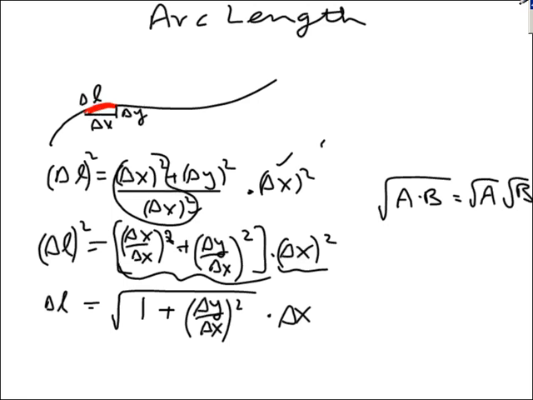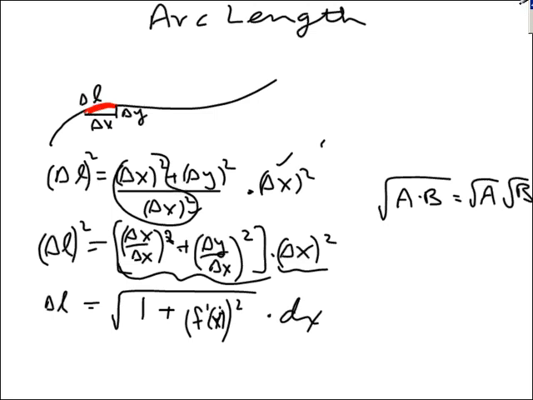Now, in the limit, delta y over delta x becomes dy dx, also known as f prime of x. And in the limit, delta x becomes dx.